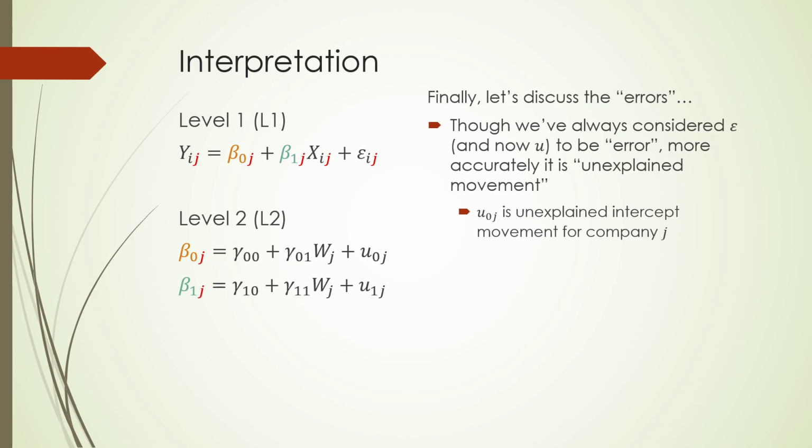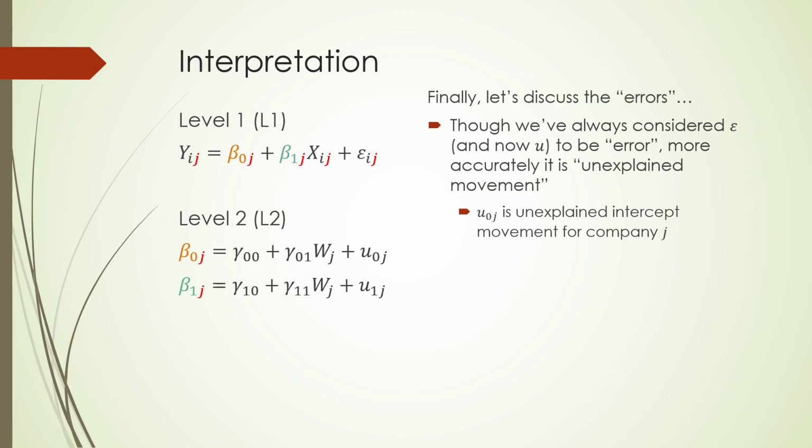So u sub 0j represents the unexplained movement for company j in the intercept, and again, in our context, we're thinking in base pay. So let's look at beta sub 0j, and we're letting each company have its own base pay, and this is really important. So please pause the video or catch your breath if you need to. If you've been doing these videos in a marathon, maybe you do need to, but this is quite important.